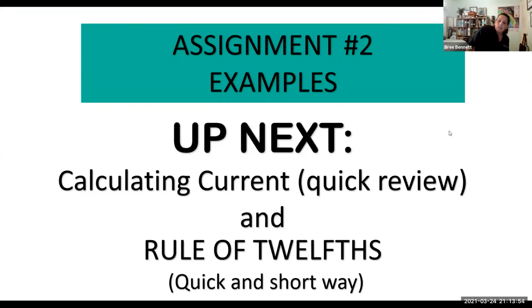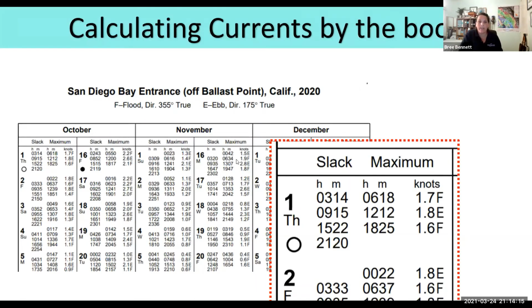Okay. So what we have just been working on is calculating tides. There's a whole other book for calculating current, and we're going to look at the differences in the setup.